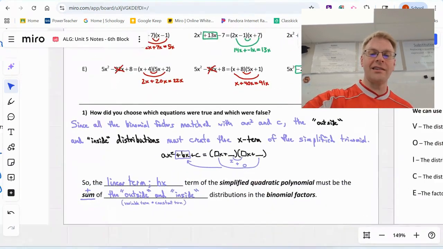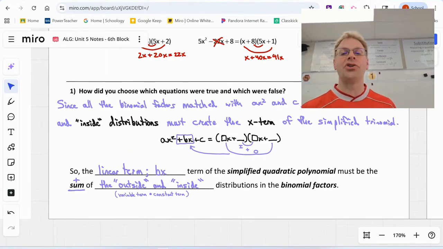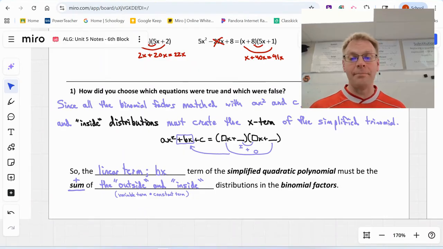And that, guys, is exactly what we are looking at here when we're trying to check factors that seem to work out for the leading term and the last term, the constant term. But it's that middle term that's going to make it bona fide or not. That's really going to let us know whether these factors are lying to us, whether they're posers, or whether they're legit, the real deal.